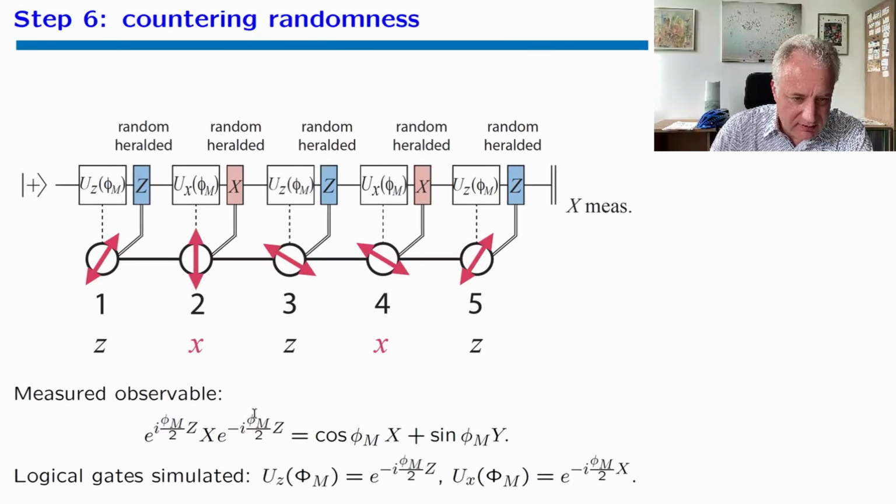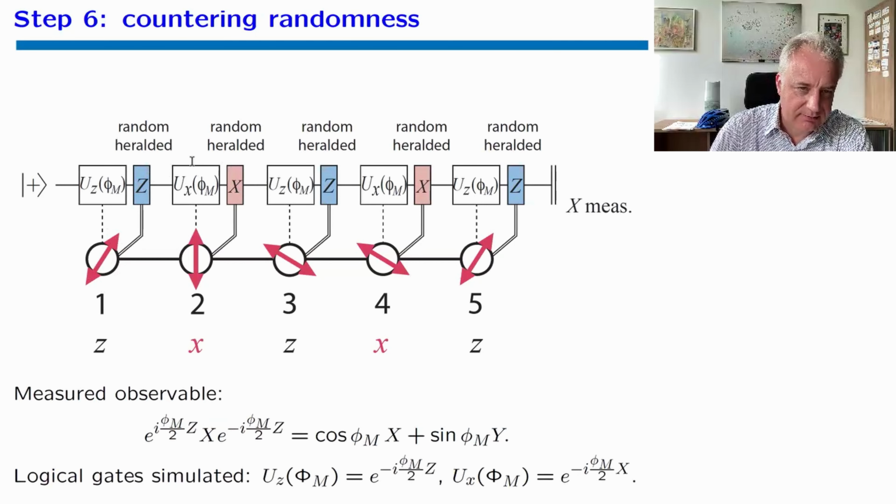That has the effect, as we've seen before, that the measurement angles translate into the rotation angles. So we have a rotation about the z-axis by this measurement angle, qubit number 1. Then comes this random operation that depends on the measurement outcome. We call this a byproduct.